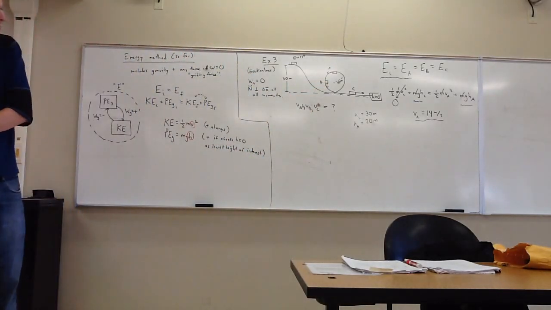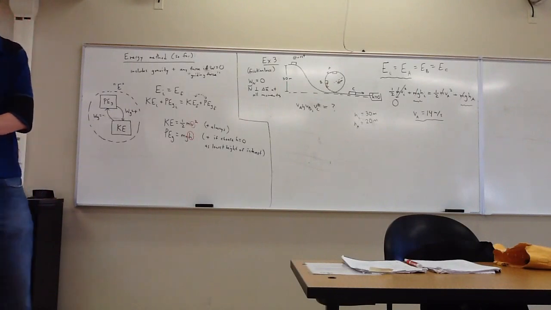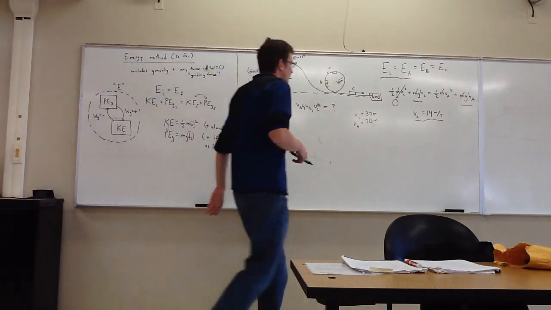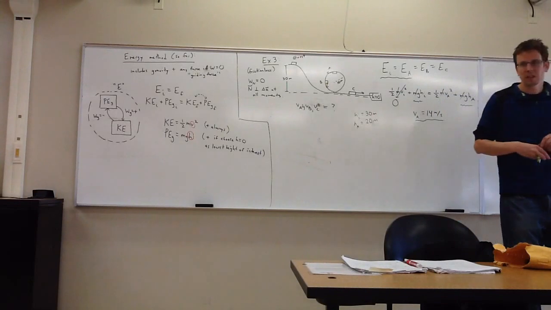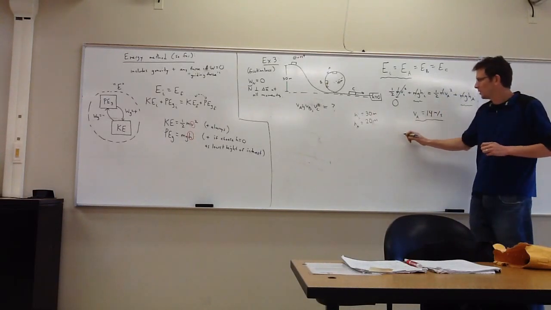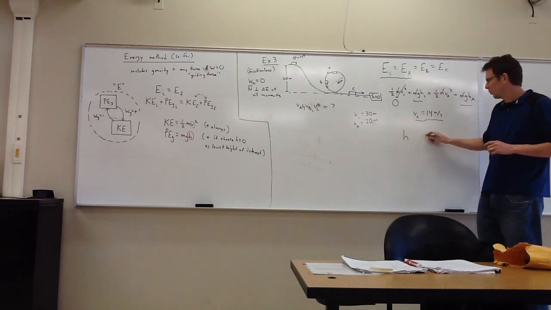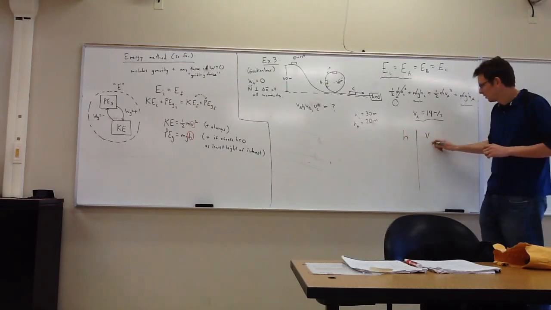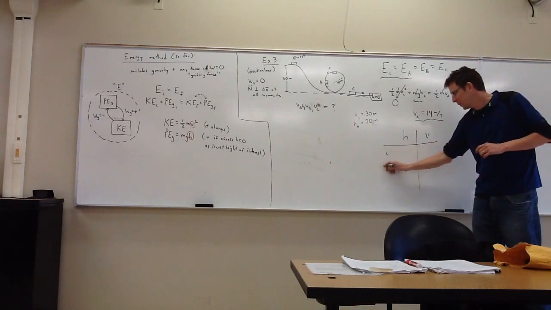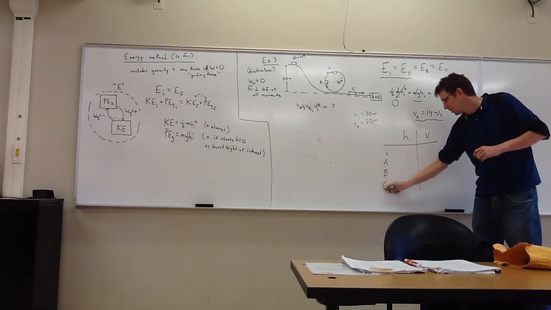So at B, you're even lower, so you're going to be going even faster. In fact, all the calculations are going to proceed something like this. Just to not belabor the details too much, let me just label at each point what's the height and what's the speed, and I'll put it at the initial point, point A, point B, point C.